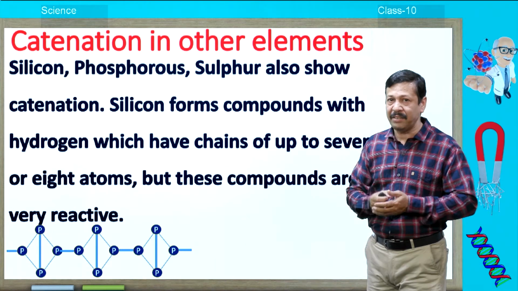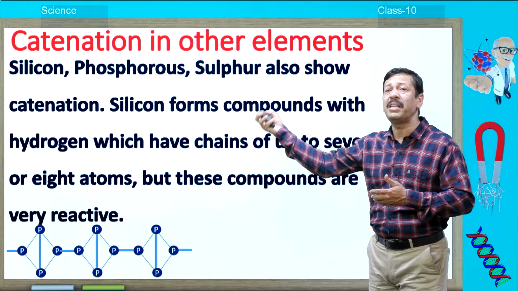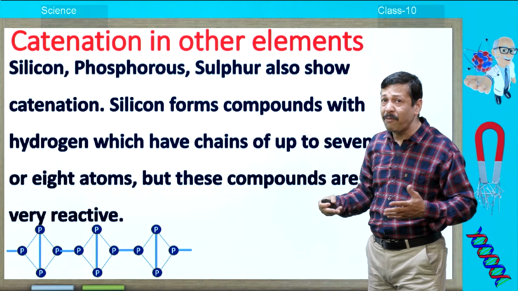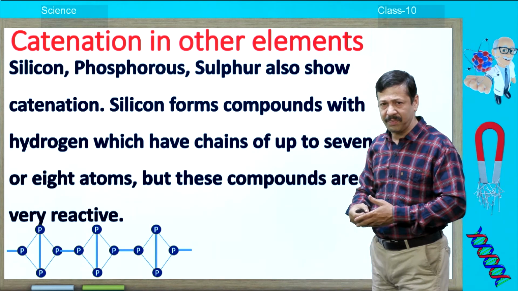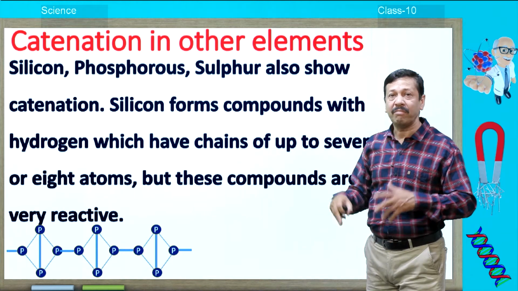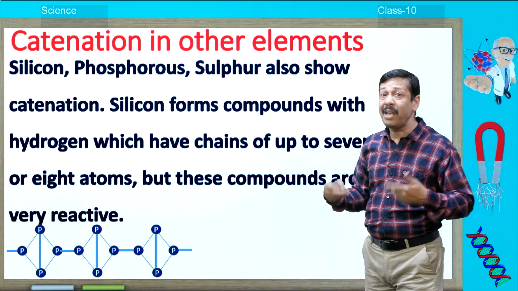It is limited, but for carbon innumerable, millions may be there in a chain, and also those compounds are stable for hundreds of years. But these compounds are very reactive, that means unstable, but carbon compounds are stable.